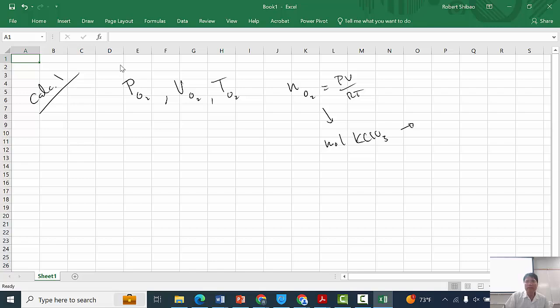From the moles of KClO3, we'll calculate grams of KClO3. And then from the grams of KClO3, we'll calculate the percent KClO3 from calculation 1. The percent KClO3 from calculation 1 will just be the grams of KClO3 over the grams of unknown, the white unknown solid, times 100%.